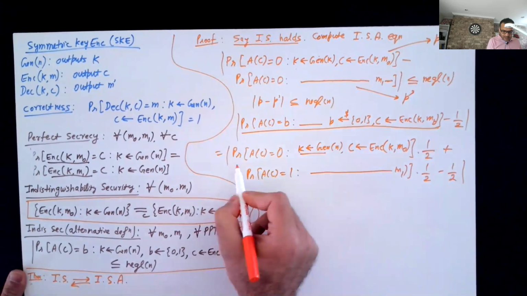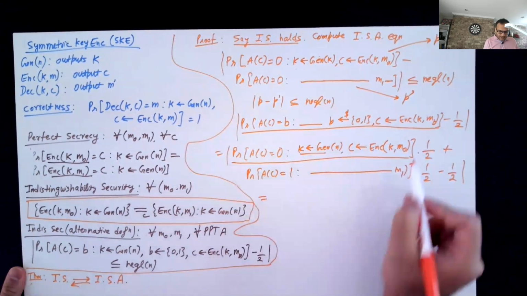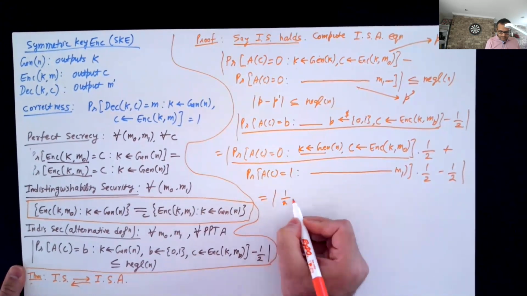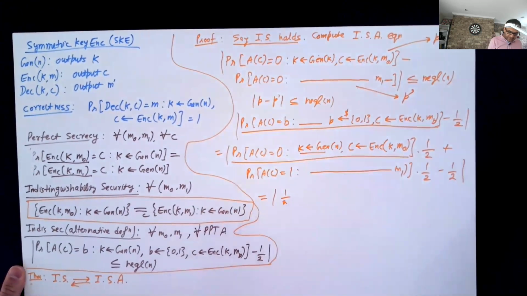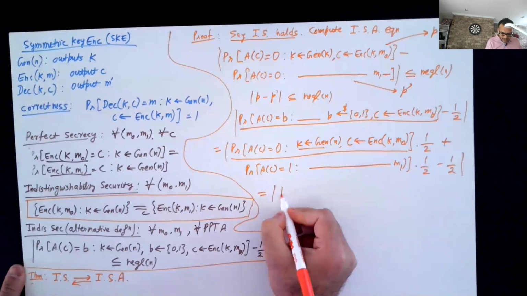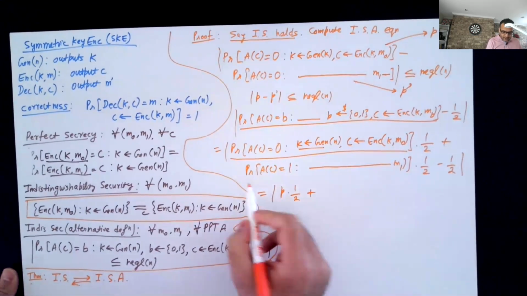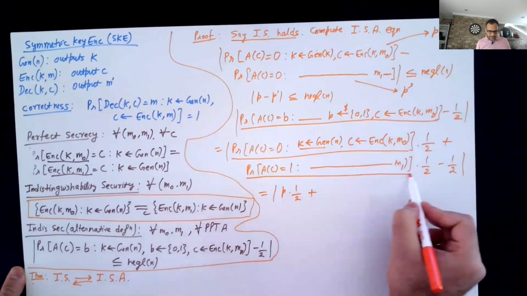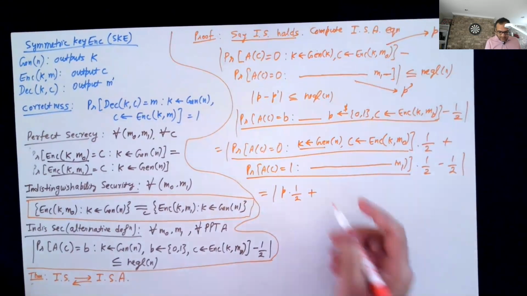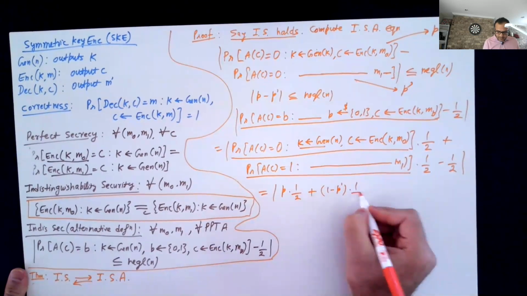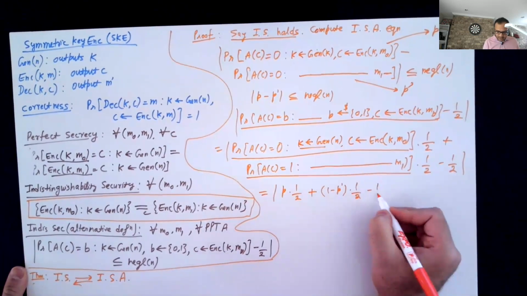So note that this is exactly P times half, plus this is 1 minus P prime, times half, minus half.